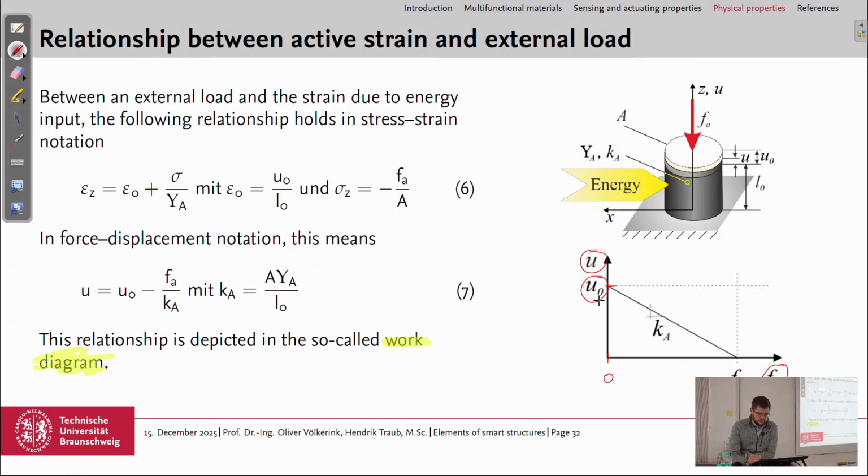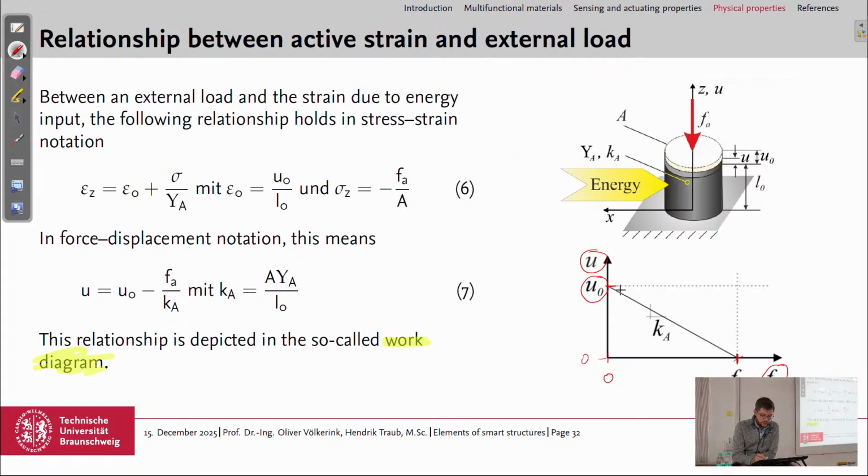And the other way around, we have the blocking force, which is Fb. The blocking force is defined as the force we need to push back the actuator to its original length. So we have no displacement u, and therefore we have 0 on the y-axis, here the blocking force.